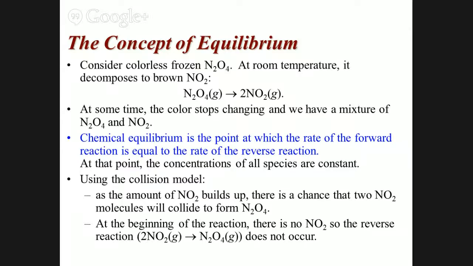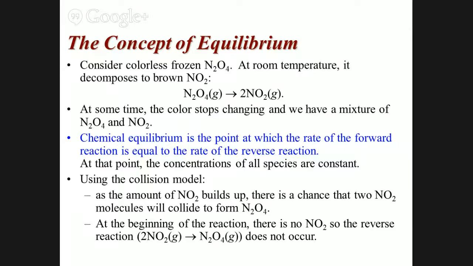Eventually, they do collide, and some of the time they will form N2O4. At the beginning, again, there's no NO2, so there's no NO2 going to N2O4. But eventually, there's a whole bunch of NO2, and so the reverse reaction goes along.